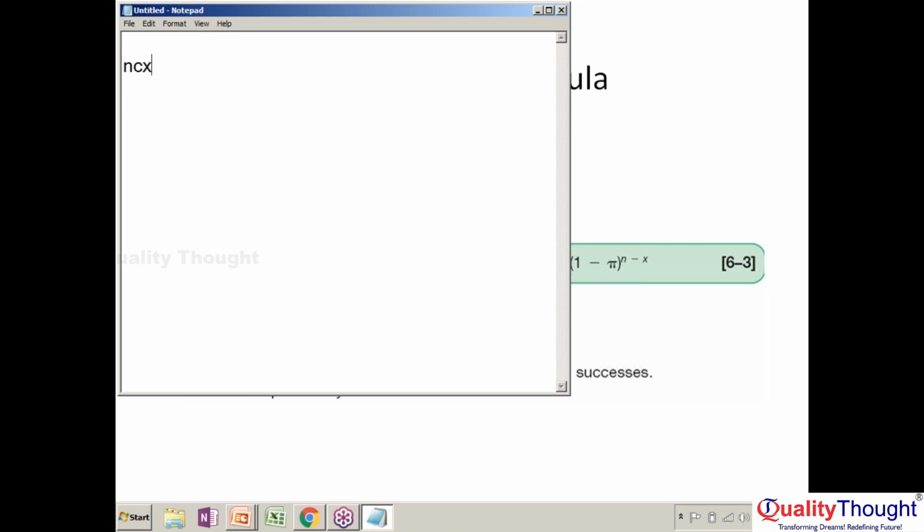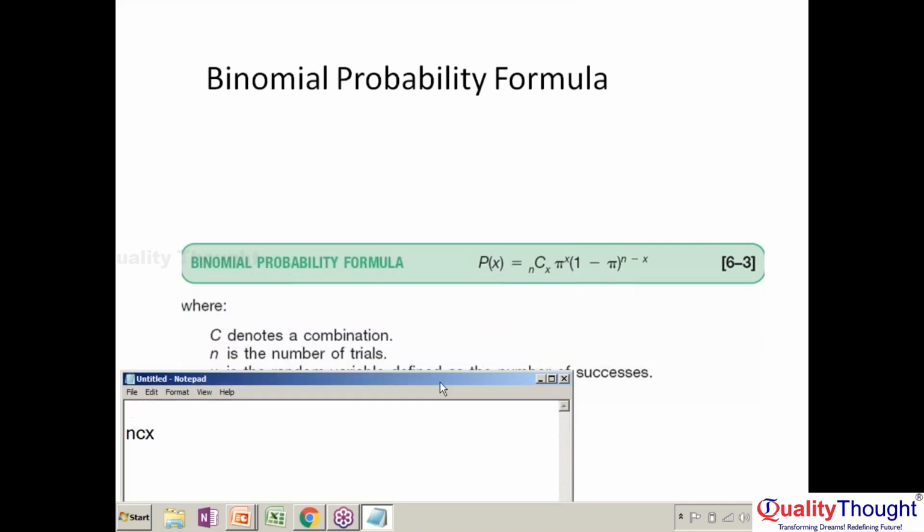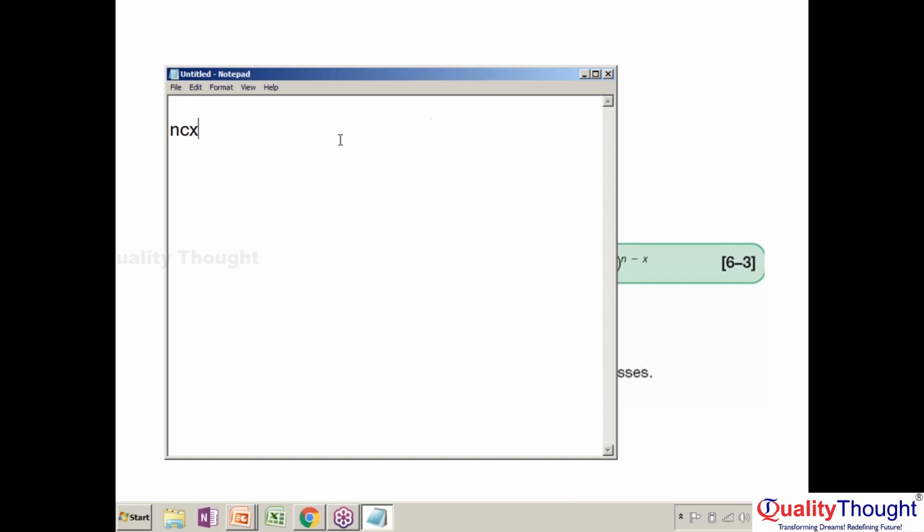nCx. Here, pi 0.5? Who told you it is 0.5? I haven't given you any answers, right? The probability of success or failure depends upon the situation or the problem. I did not define any problem.